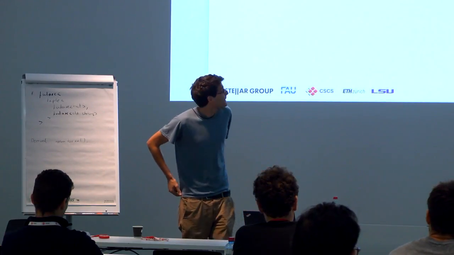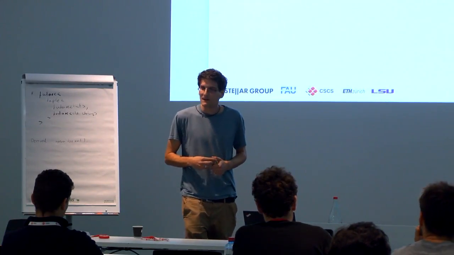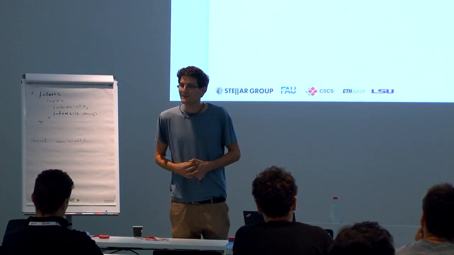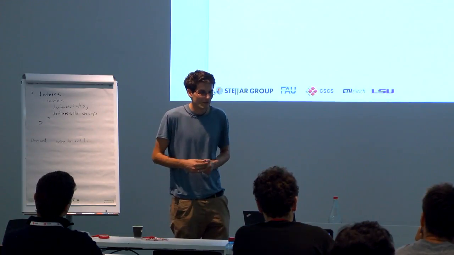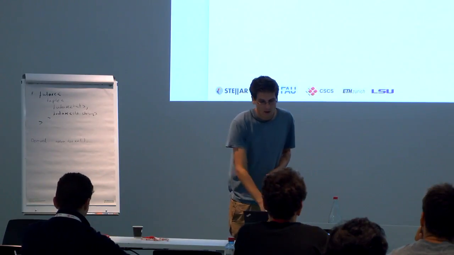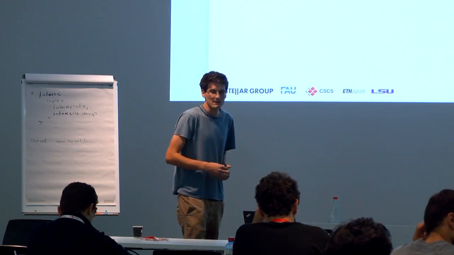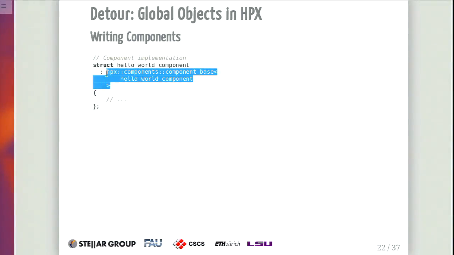So for the component implementation itself, you see the CRTP pattern again, right? If you want to write a component, you have to write a class that derives from this component base and pass in its own type again for this CRTP pattern to work, right?